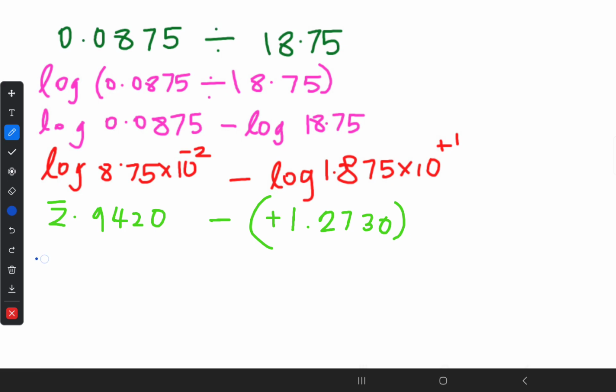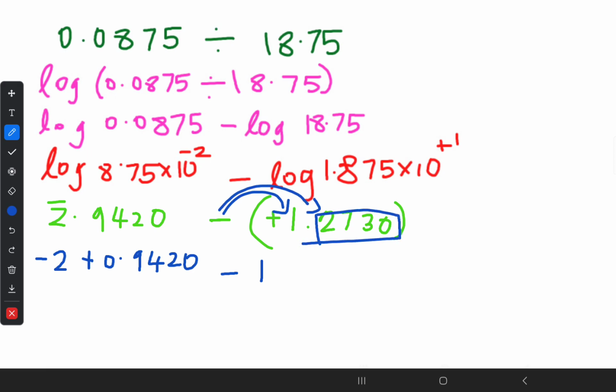It is bar 2, which means negative 2, plus 0.9420, and minus into plus, it's minus 1, minus into this plus. For the decimal also it is positive. So positive into negative, it's negative 0.2730. I'll repeat again. Here bar 2 means negative 2.